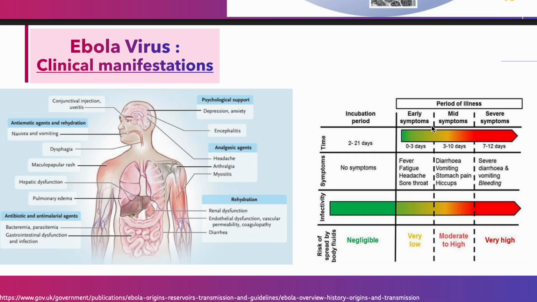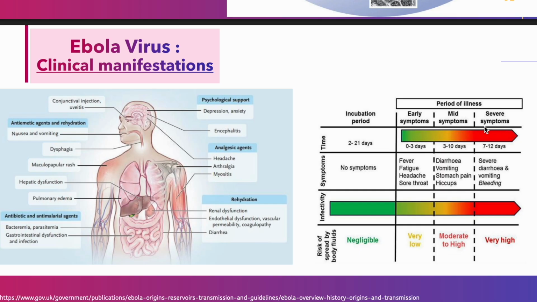For early symptoms, around 3 days, you have fever, fatigue, headache, sore throat, which is normal for the flu. In 3 to 10 days it develops to mid symptoms like diarrhea, vomiting, stomach pain, and hiccups, which is moderate to high.